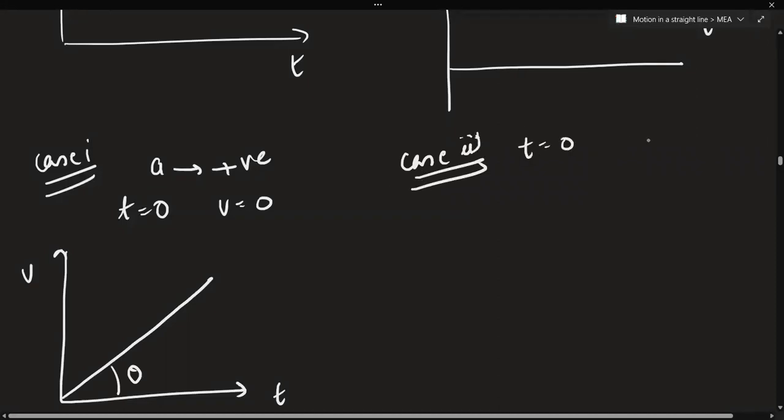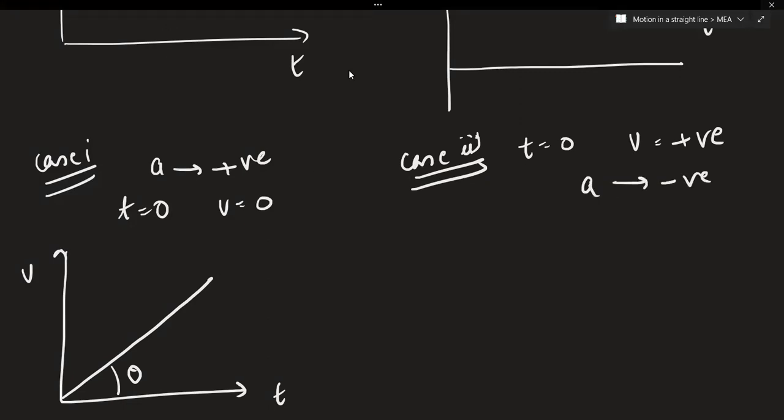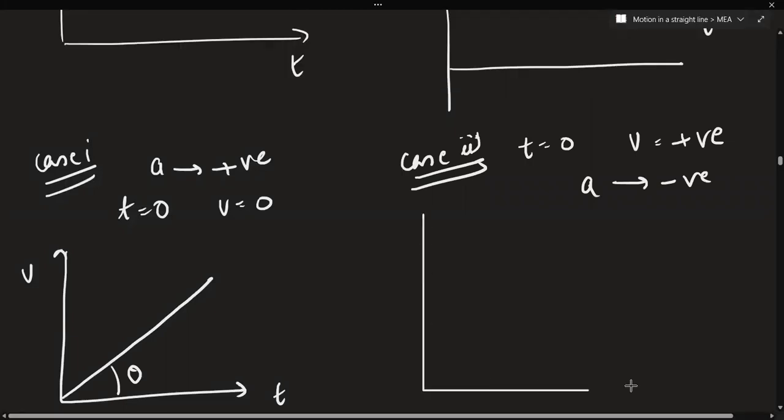Let's say case 2. If it starts from time equal to 0, velocity is not 0, it's positive, and let's say acceleration is negative. We have made a case by ourselves because these cases can come in the exam. So this is velocity versus time. Now, we cannot start velocity from the origin, because velocity is not 0.